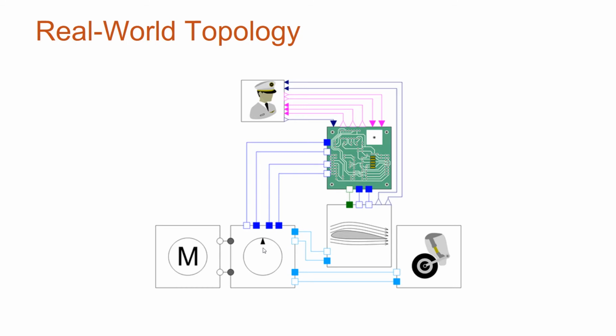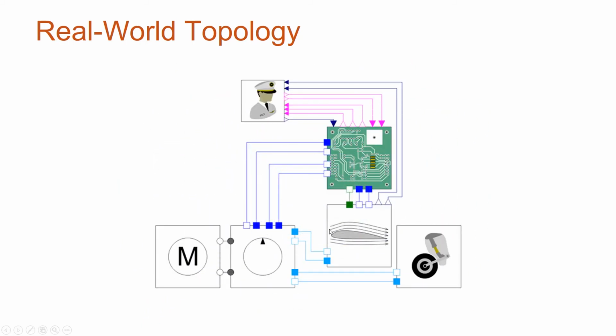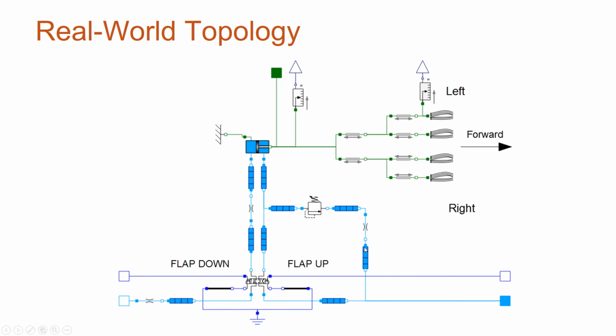You can also dig into the component by clicking on it. So for instance, if we open the electrical circuit, we can see that it's built up by bulbs, wires, sensors, and so on. And in the same manner, if we click into the flaps, we see that the flaps consist of a hydraulic system and a mechanical system that interact.